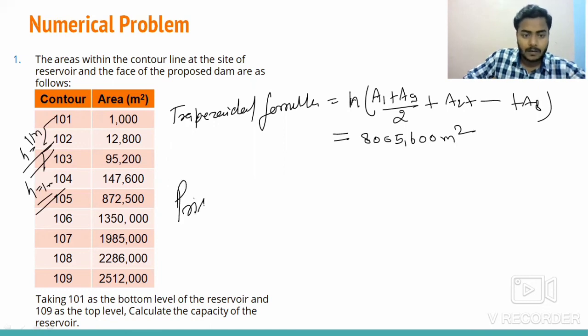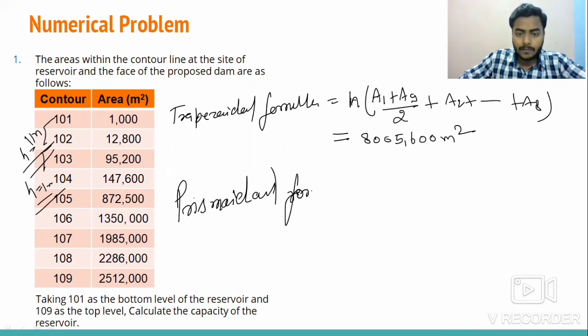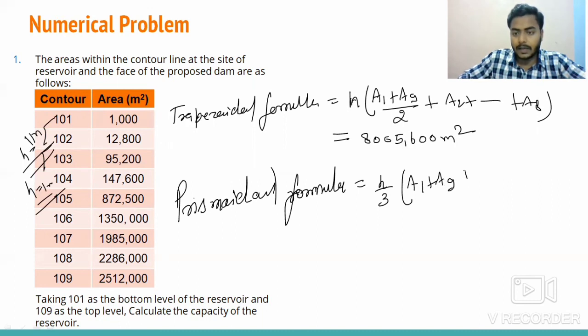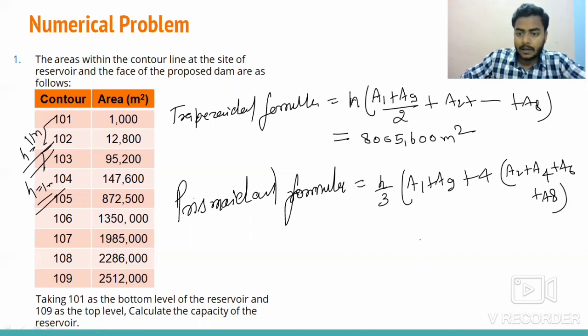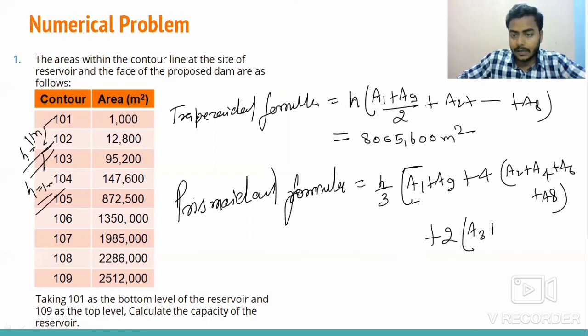Now we can apply the prismoidal formula: H divided by 3 into A1 plus A9, plus 4 into A2, A4, A6, A8, plus 2 into the odd ones, A3, A5, A7.